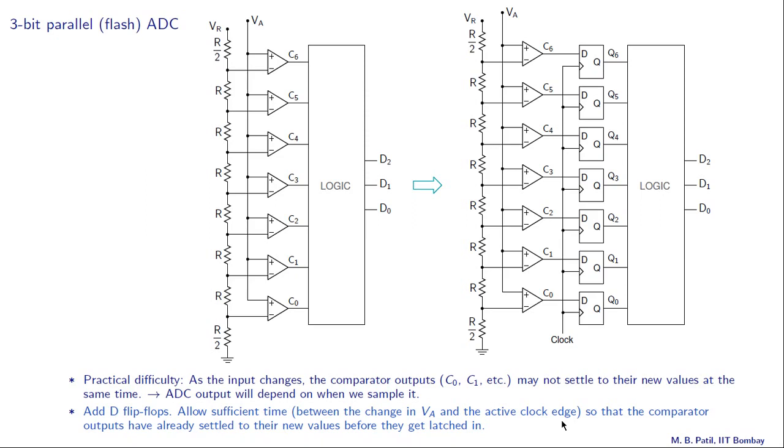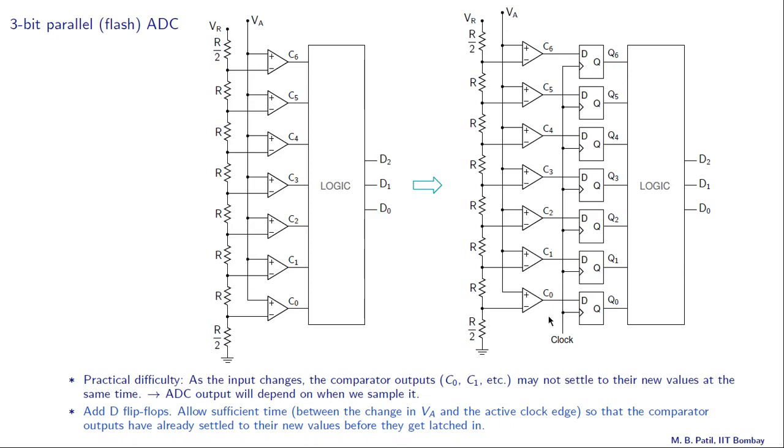Let us take an example. Let us say this comparator takes 50 nanoseconds to settle down. That means when we change VA from VA1 to VA2, from that time it takes 50 nanoseconds or less for all of these outputs to settle down.